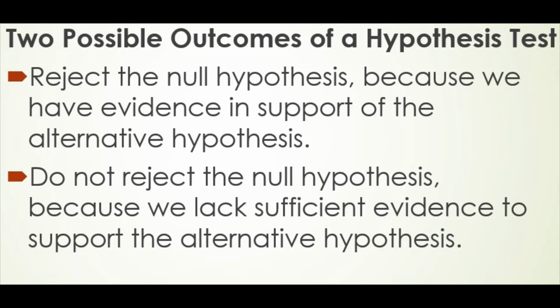If the results of our survey or experiment are significant, then we're going to be able to reject the null hypothesis and support our claim and essentially prove our alternative hypothesis, which is our original claim. Or we're going to not reject the null hypothesis, and all we can say there is we don't have enough evidence to support our claim.